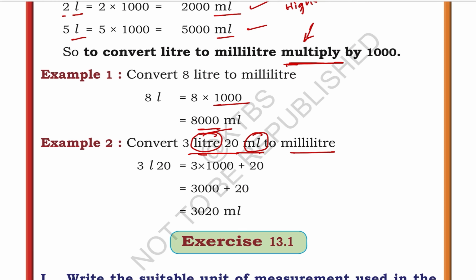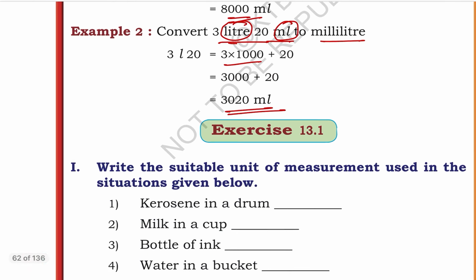Now you just have to convert only 3 liters. 3 liter means 3 into 1000. Just multiply it by 1000, it will become milliliter. Keep 20 as it is, plus 20. So 3 into 1000 is 3000, plus 20, add these two, 3020 ml. Milliliter converted.